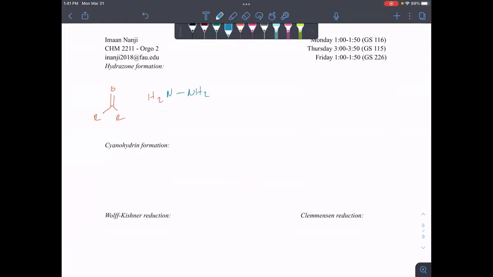So you react aldehyde or ketone with a hydrazine, and then you get a hydrazone. It's basically the same reaction.